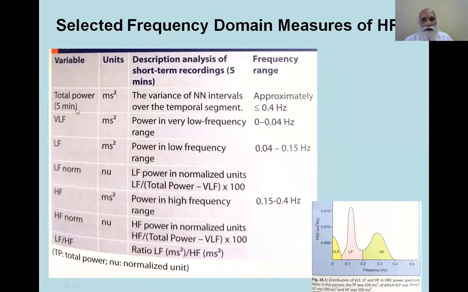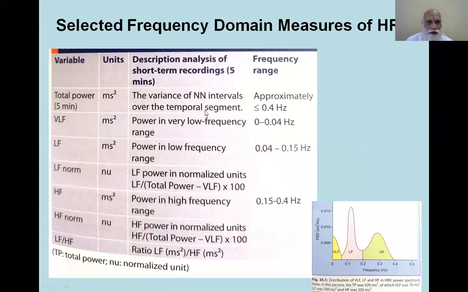Now, the various frequency domain measures of heart rate variability. First is total power. If you are taking a record for 5 minutes, you can still get the total power. In short-term recordings of 5 minutes, it is the variance of NN intervals over the temporal segment.